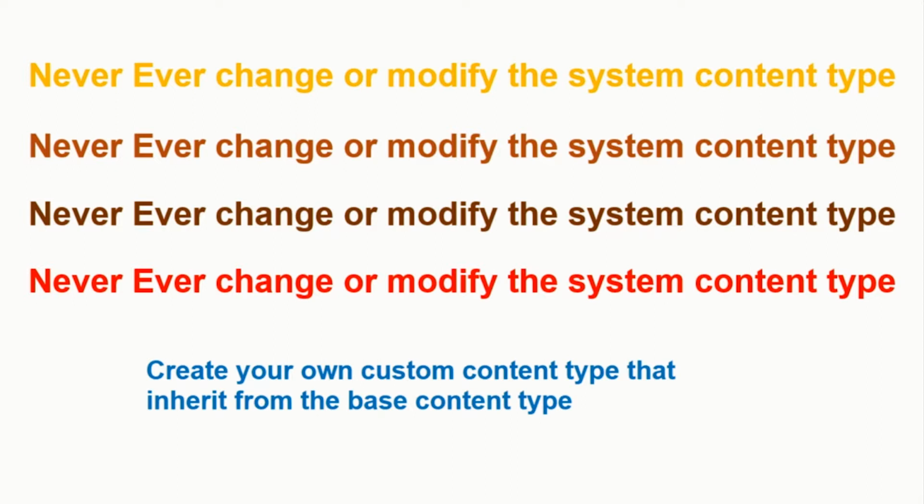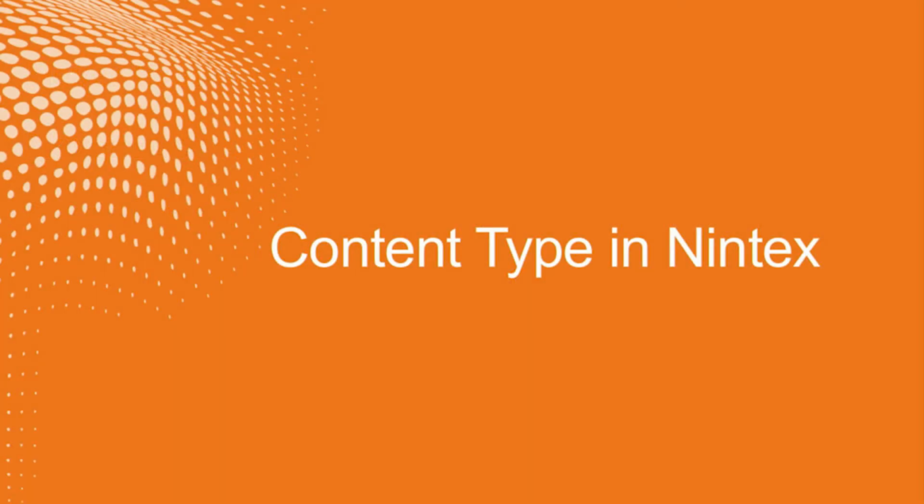If you have to touch the system content type, all you have to do is inherit from the base content type and create your own custom content type name, and then use that content type and modify it however you like. But whatever you do, don't touch the base or the system content type. That will break your system and eventually any application, like the Nintex product, on your farm.